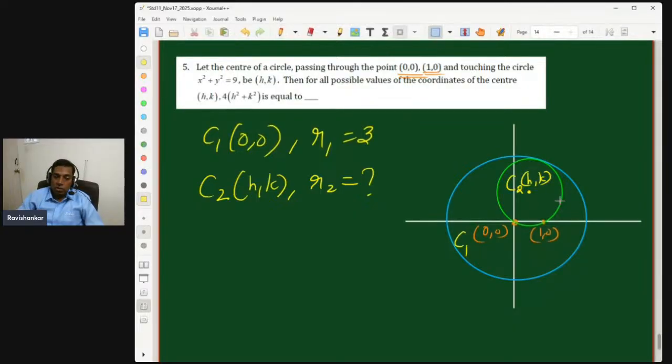By the way, it says all possible values because your circle can also be like this.